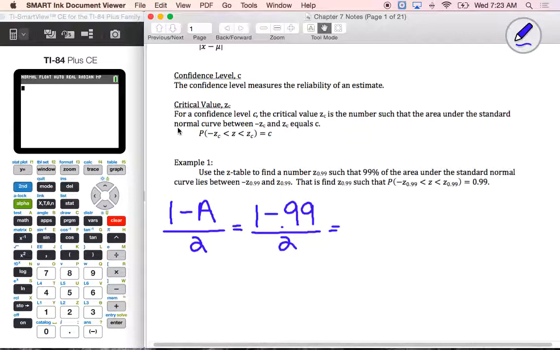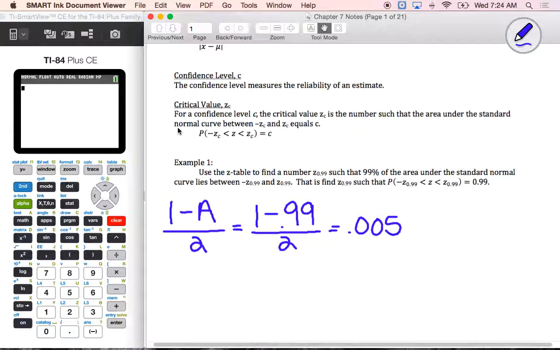If we subtract those and divide by 2, we get 0.005. Again, this is just what we did back in Chapter 6. Now we want to find, inside the table, not outside the table, inside your Z table, the closest number to 0.005.